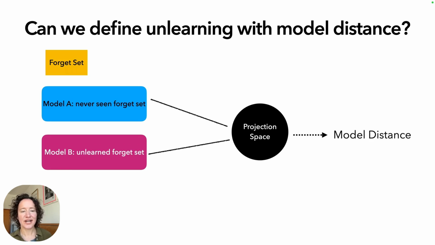Now, this is great in theory, right? But the problem is that we have invariance in a lot of the ways that we do linear algebra. We can have two different transformations in linear algebra that look very different in many projection spaces and yet end up with the same result. And this is the beauty of deep learning.